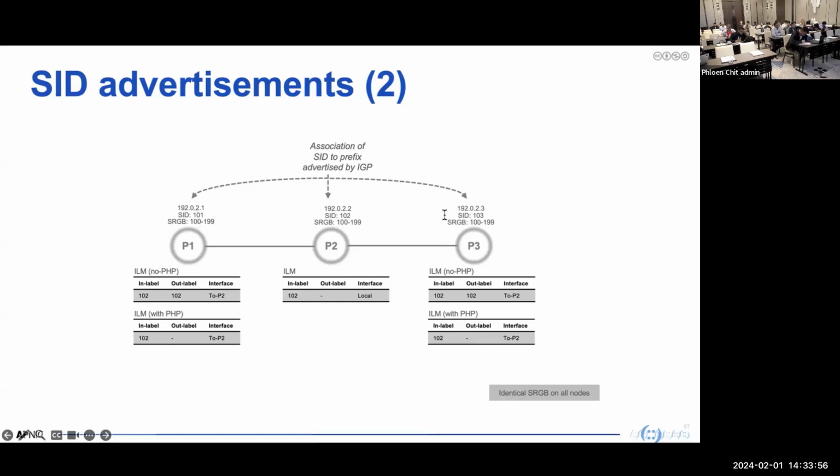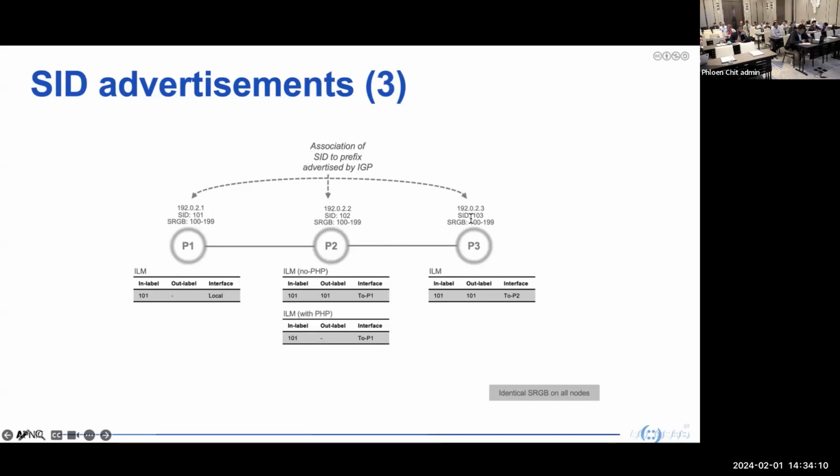In label is 102, out label also 102. In reality, they do the swap operation, but because they are swapping from 102 to 102, it looks like they are not changing the label. Same here for all nodes using 101 for forwarding to the node SID of P1. So this is simple for segment routing with the same range. If you are using the same SRGB range, you can use an absolute value, just assign a number for each specific node.